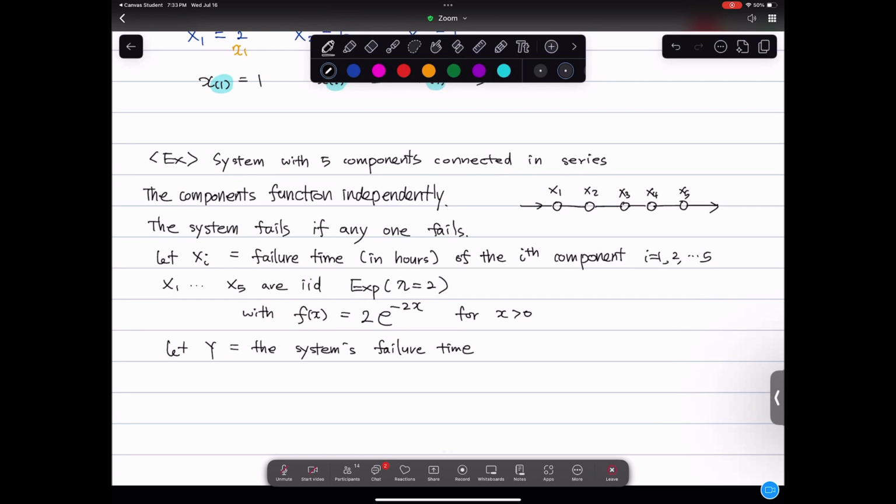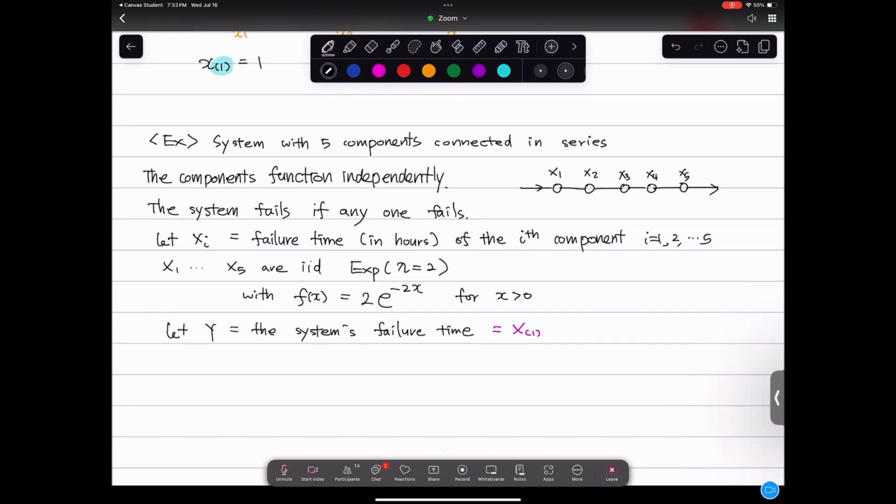The system fails as soon as one of them fails. Whichever of the 5 has the smallest failure time fails first, then the system fails. So this y is nothing more than the first order statistic, whichever fails first. That's how we use order statistics.